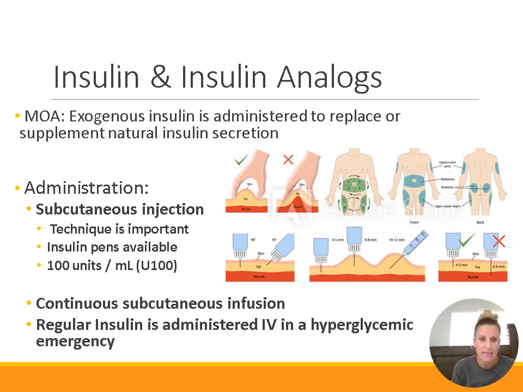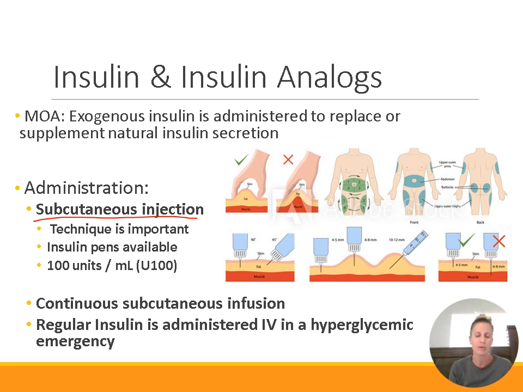Typically, insulin is administered via a subcutaneous injection. Again, there is such a thing as inhaled insulin. However, it's generally not recommended. It's not nearly as predictable as the injected insulin is.